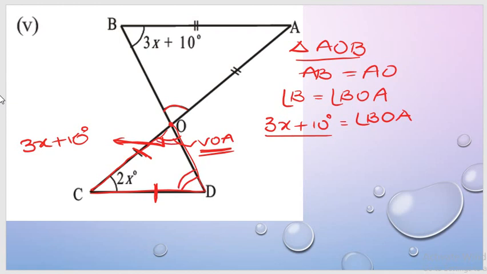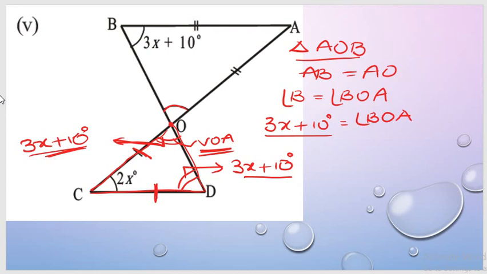So if this is 3x plus 10 degrees, then this angle is also 3x plus 10 degrees. So what have we got? 3x plus 10 degrees, 3x plus 10 degrees and 2x. These three are the angles of triangle COD.